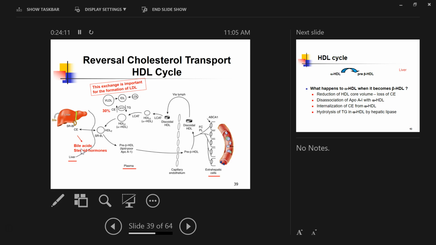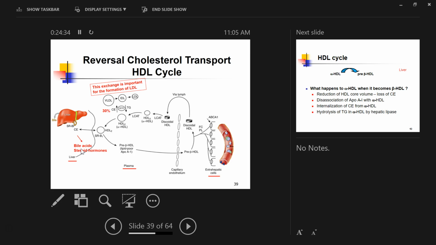So once the cholesterol ester is formed, it will move from the surface to the core, and eventually the beta HDL becomes alpha HDL once it is filled with the lipids, right?